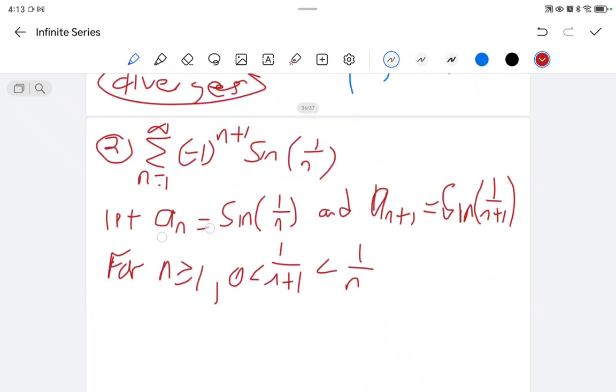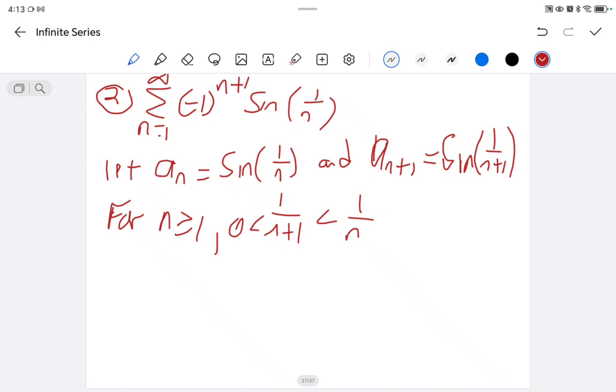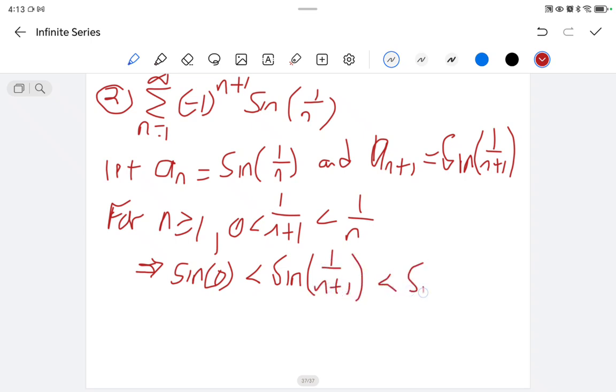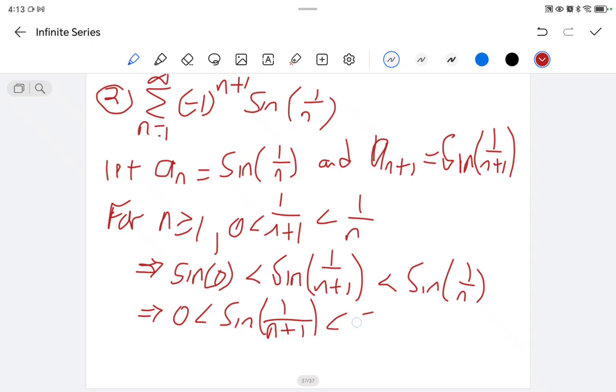Now from here I want to imply that sine of 0 is less than sine of 1 over n plus 1, which is less than sine of 1 over n. So I'm focused on this.